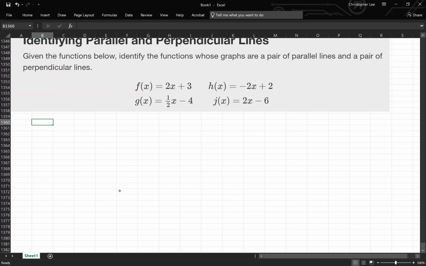So I noticed that F and J have the same slope. Those are parallel. These two, H and G, right? Notice that they have negative reciprocal slopes, right? So these two, g of x and h of x, are perpendicular. That's it.